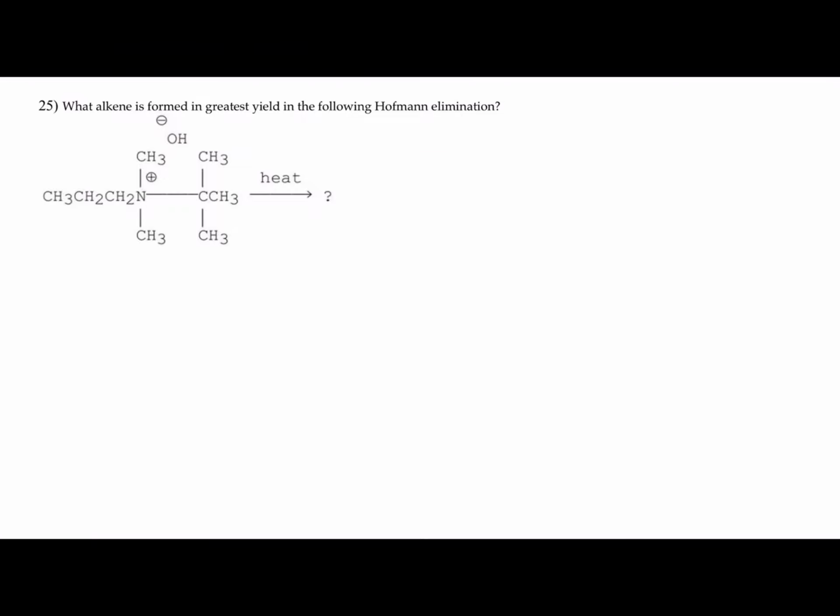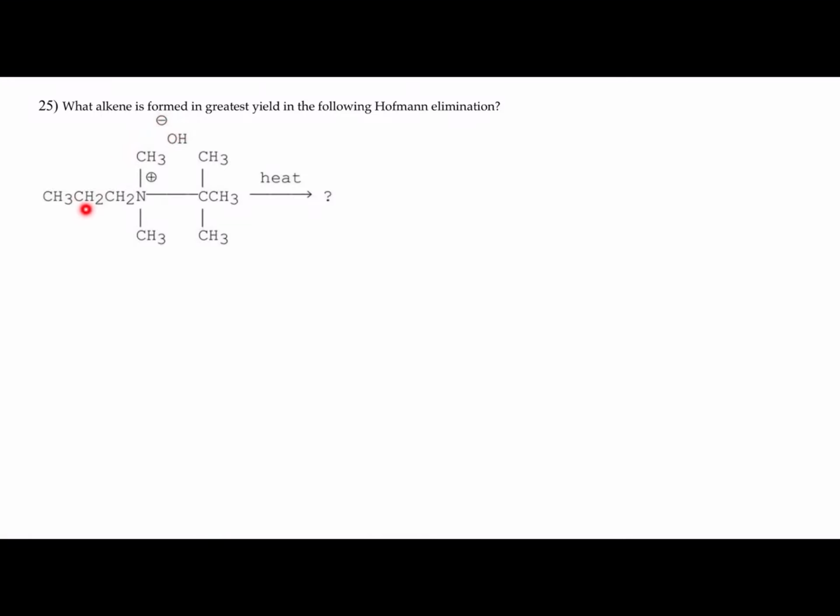And number 25, what alkene is formed in greatest yield in the following Hofmann elimination. So the Hofmann elimination, you have a quaternary ammonium salt. Quaternary means nitrogen has 4 alkyl groups on it. For Hofmann elimination to take place, we need to have beta hydrogens on the beta carbon.